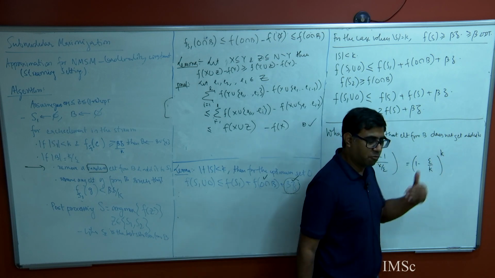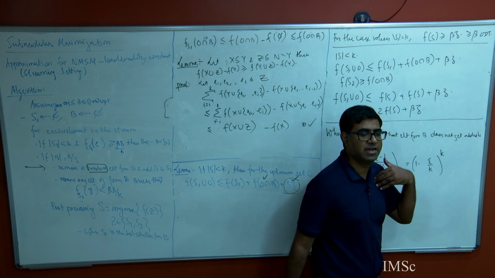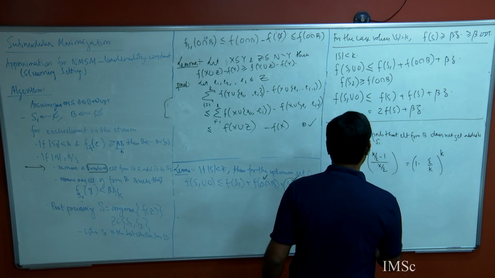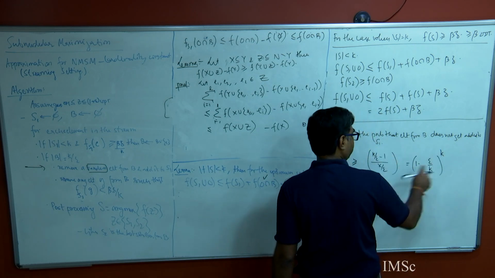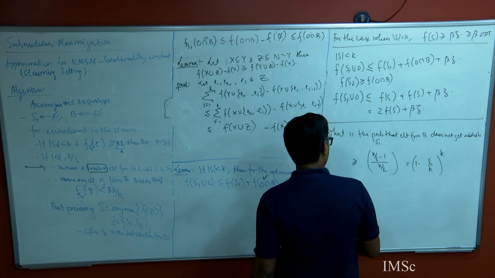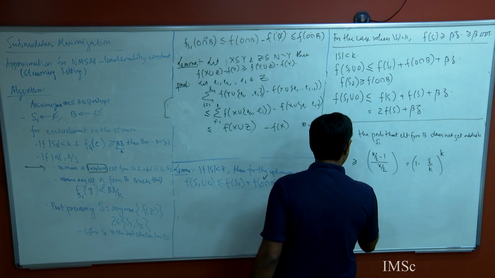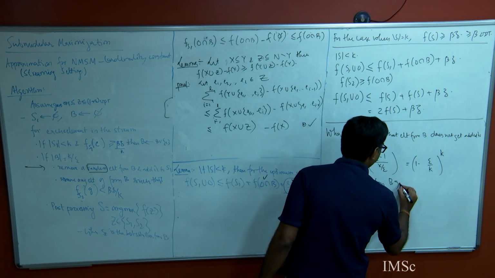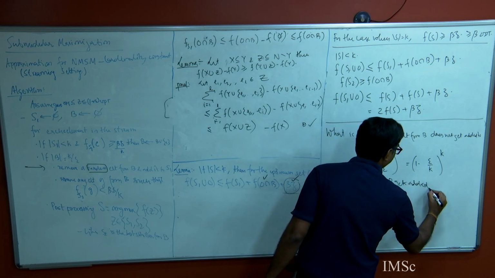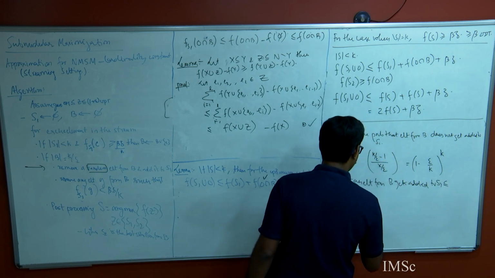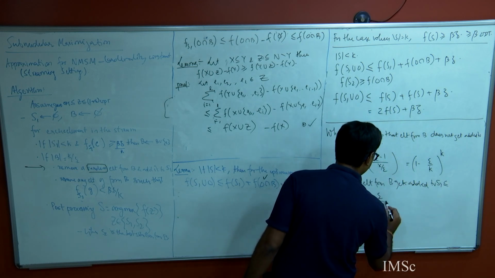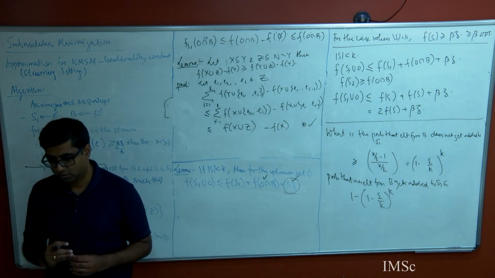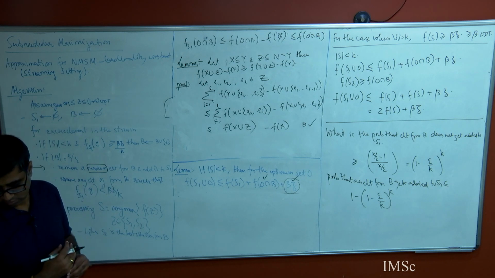So the more rounds it doesn't get added, the probability only dissipates, it doesn't increase. So the probability that an element from B doesn't get added to S1 is upper bounded by this. So the probability that an element from B gets added to S1 is at most 1 minus epsilon by K to the power K. Right?